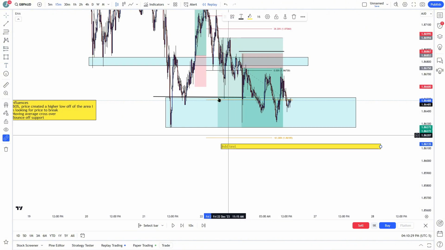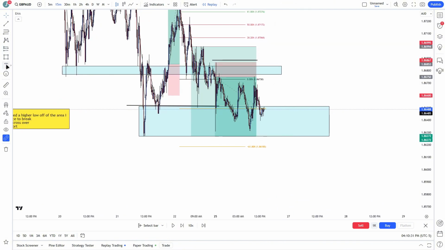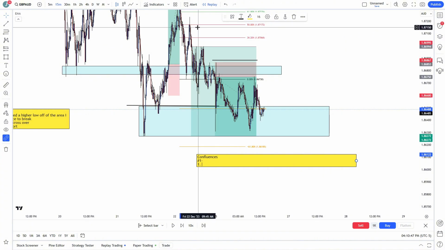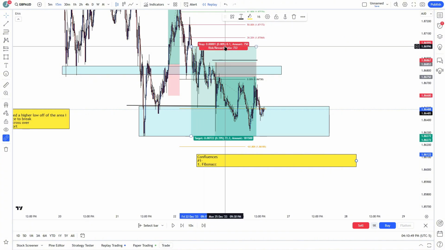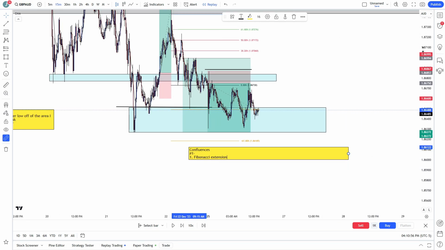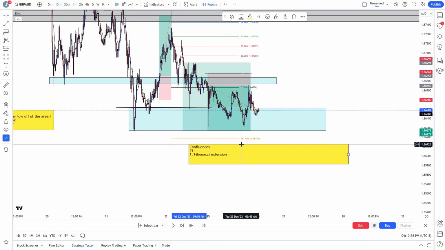So confluences for this trade. We'll do the 2 trades. Trade number 1. First confluence: we entered here, stop loss above here, Fibonacci extension was our first confluence. Second confluence, lower high.